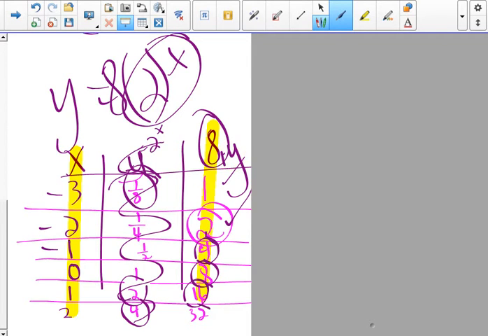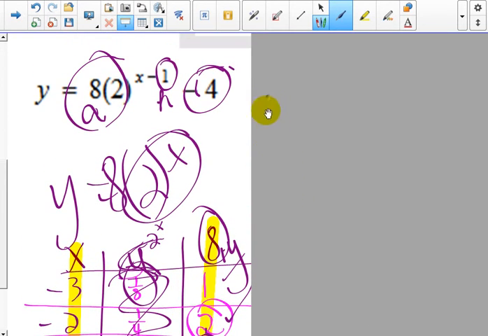And 8 times 4 is 32. Now, we're done with this. So now we're going to plot this x and 8 times y coordinate to see what this parent function stretched by 8 is doing. After we do that, then we'll shift it to the right 1 and down 4, and then you're done.